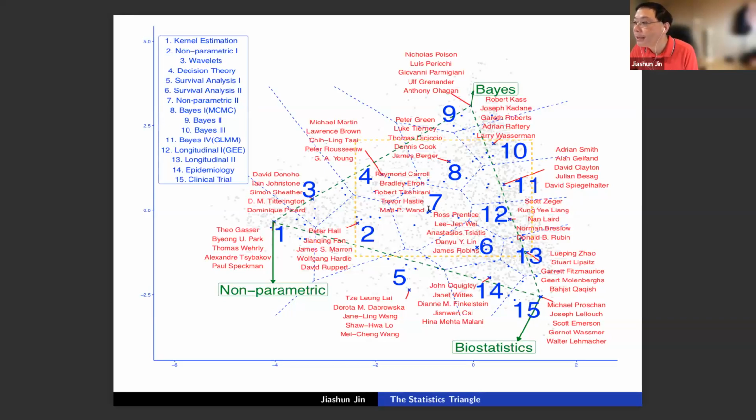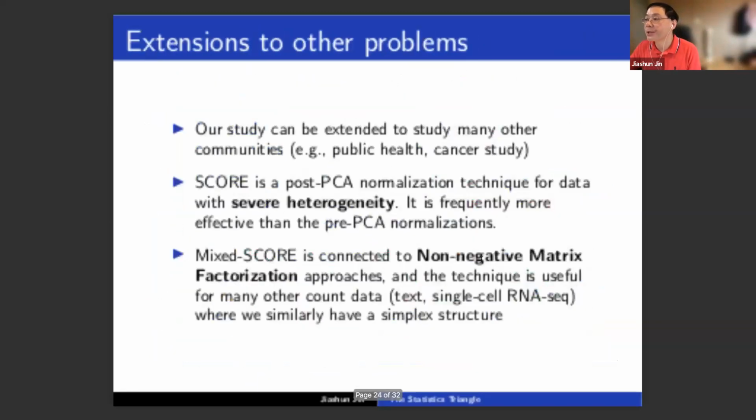For example, you may find Bradley Efron here. You can write him as a convex linear combination of three vertices, and those are his weights. Based on these weights, we can construct a research map. We can also compute the research trajectory.